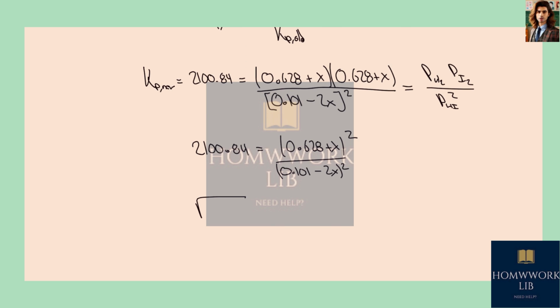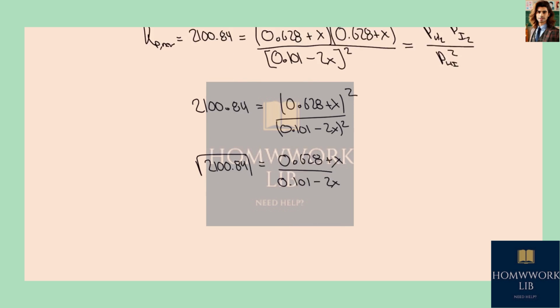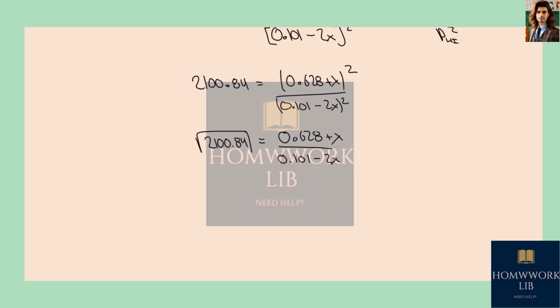So this is going to be the square root of 2100.84, equal to the square root on the other side, which is simply (0.628 plus x) divided by (0.101 minus 2x). So now we just need to solve for x. This is going to become the square root of 2100.84 multiplied by 0.101, minus 2 times this same square root of 2100.84, times x, and this is going to be equal to 0.628 plus x.